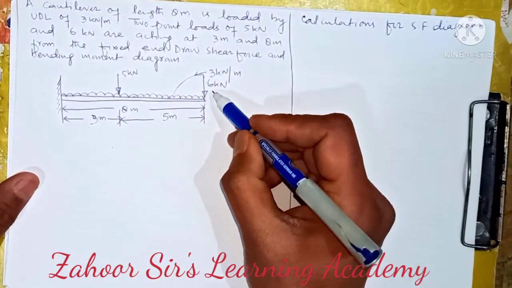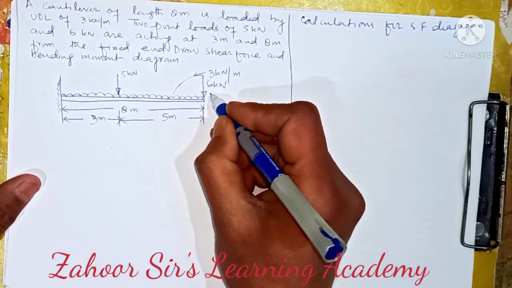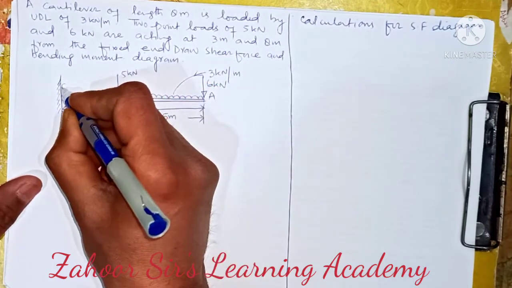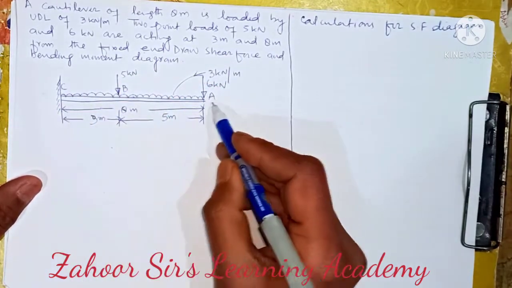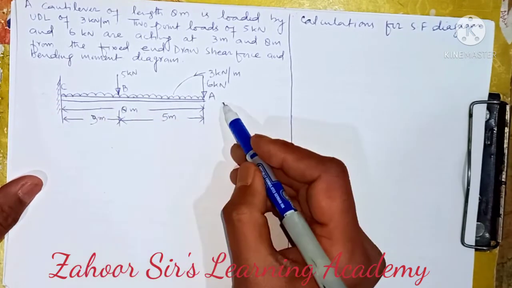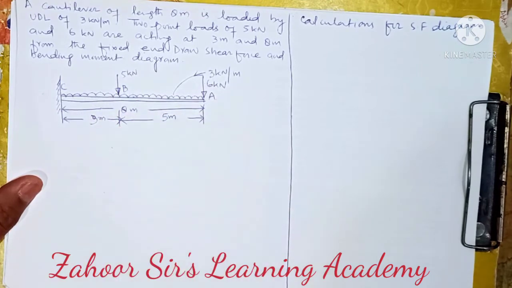First of all we have to give the naming. Let's name this A, this point B, and the fixed end C. So we have given the names where these loads are acting. The beam is CA and these loads are acting at A, B and C.